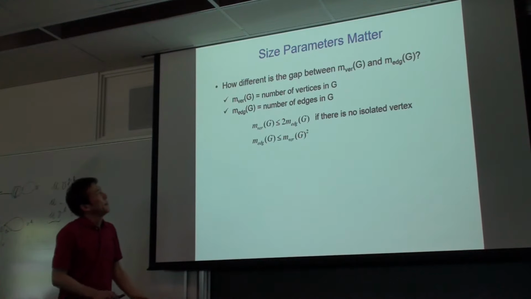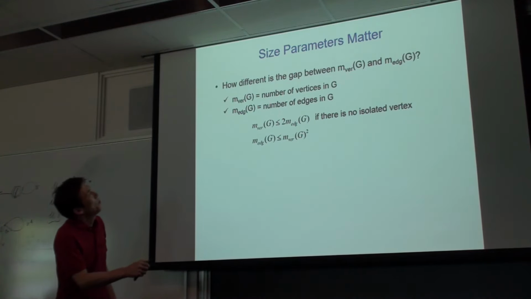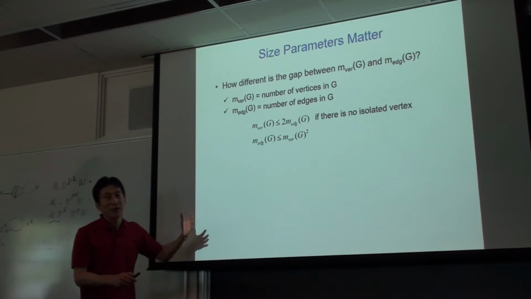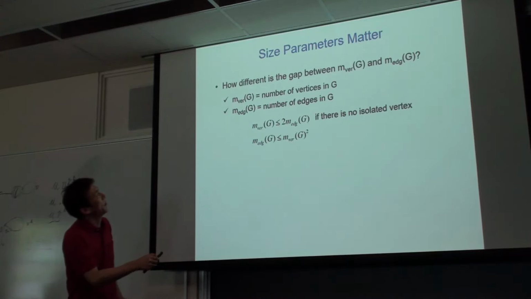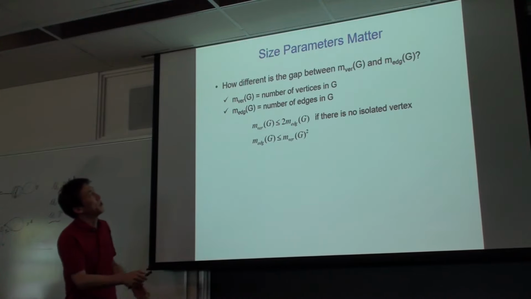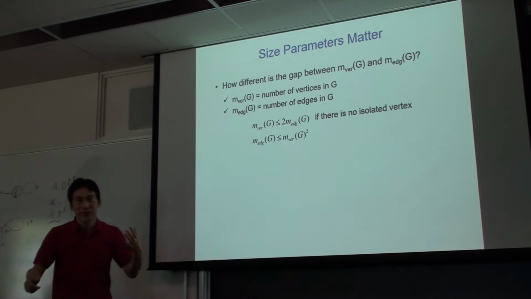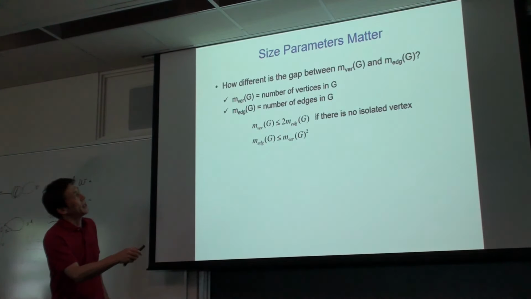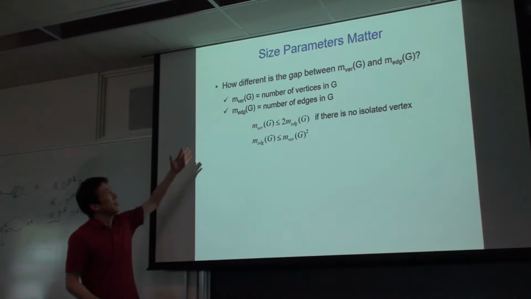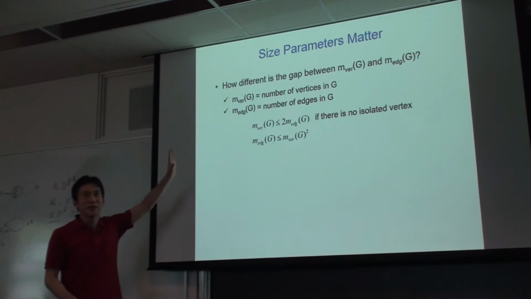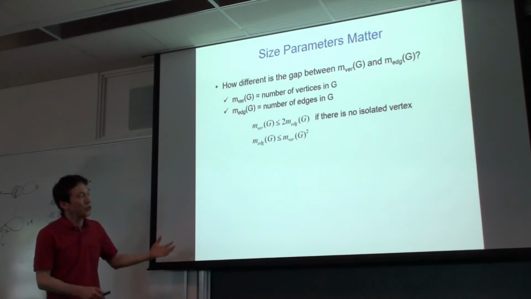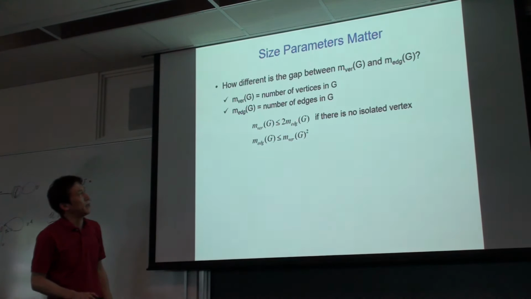Okay. Now, why are the size parameters important? Well, we have several different choices. For example, if you talk about a graph, then we can consider the number of vertices as the basis to measure the complexity, or we can use the number of edges. The choice might not seem so appealing to you, but actually that makes a huge difference.